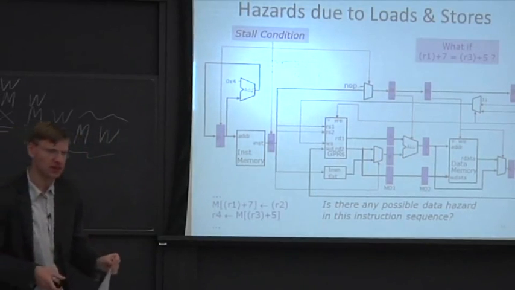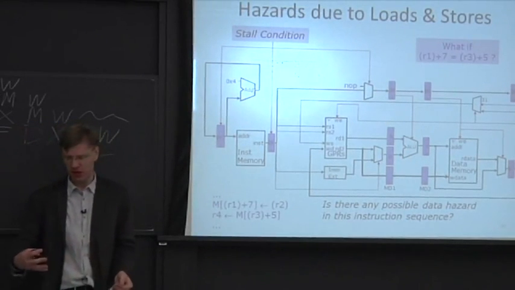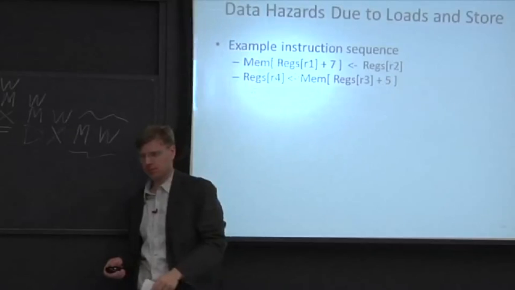So let's look at these data hazards a little bit more and figure out how we can derive the equation to check for them. So just to recap here, our example is we have register R2, we're storing it into a location here, and we're reading from possibly the same location. We don't know.